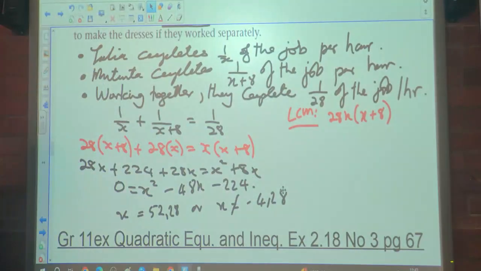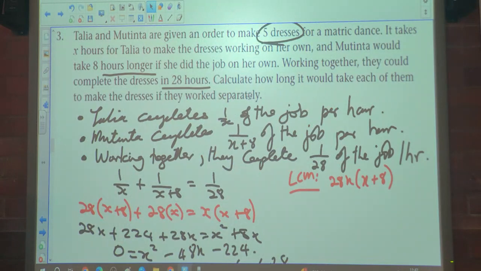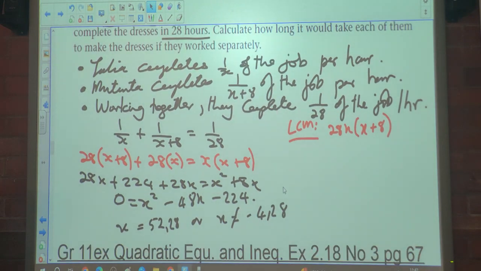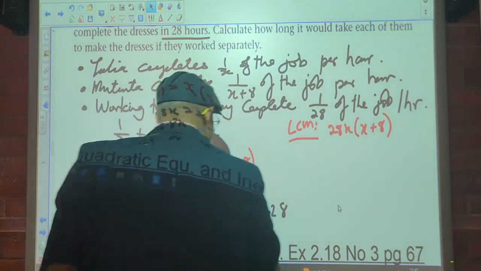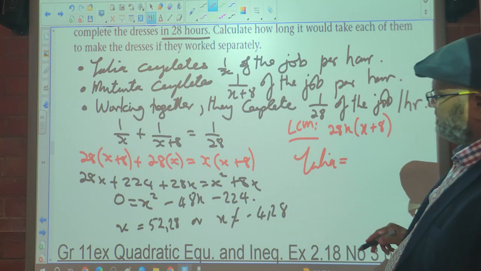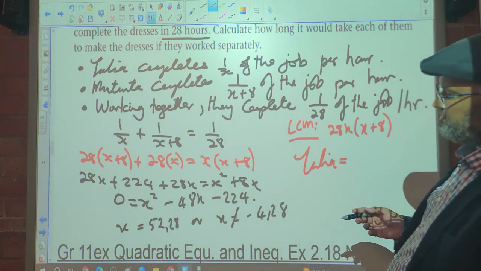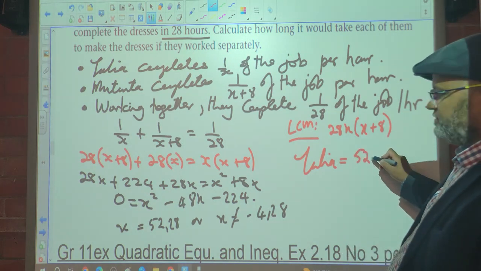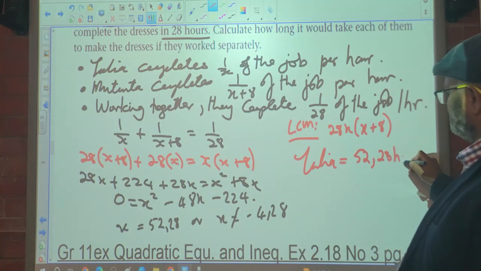So this one, let's check what's the question. The question says, how long will it take each of them to complete the job if they work separately? So Talia is equal to x, not so? Takes 52.28 hours.